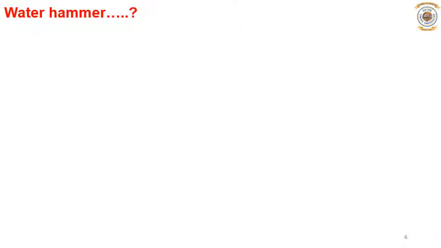A water hammer is defined as the change in pressure rapidly above or below normal pressure caused by sudden changes in the rate of water flow through the pipe according to the demand of the prime mover.